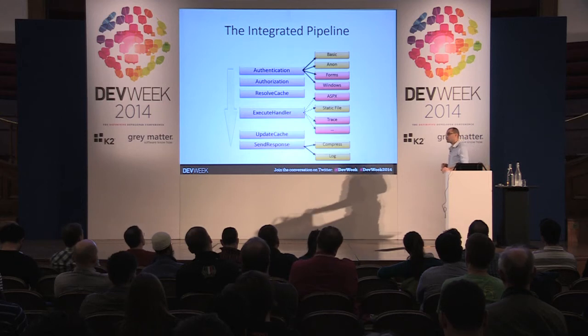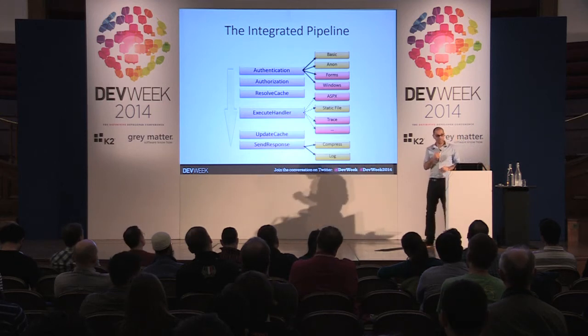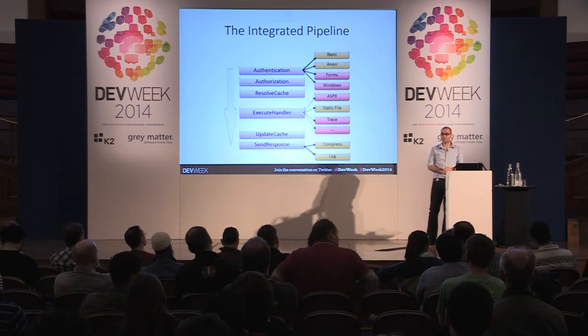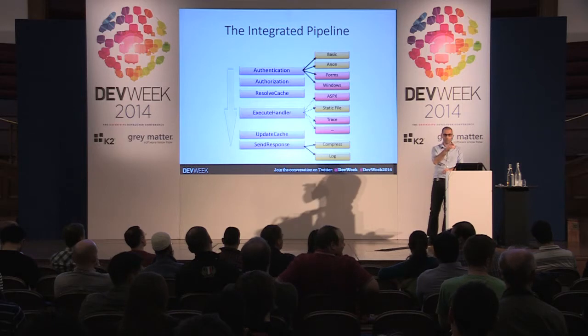The only reason why you should choose to continue to use the classic pipeline is if you are unfortunate to still use ASP.NET 1.1. Anyone still uses ASP.NET 1.1? Great. Okay, so I need to talk to you later.